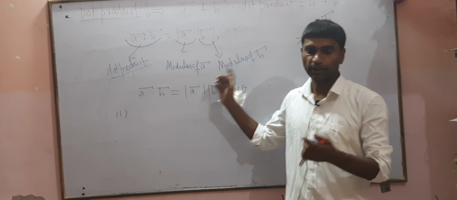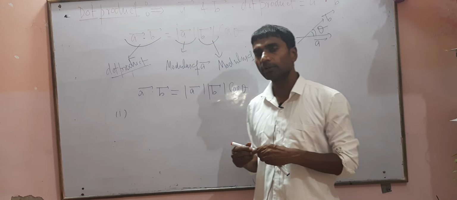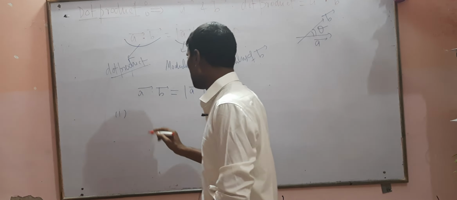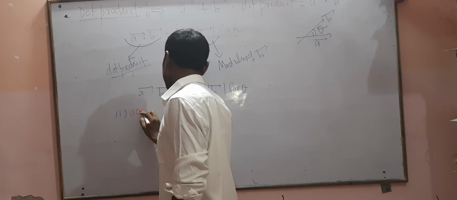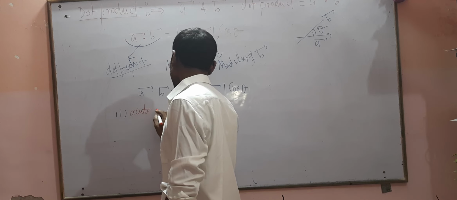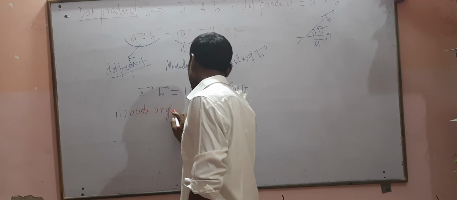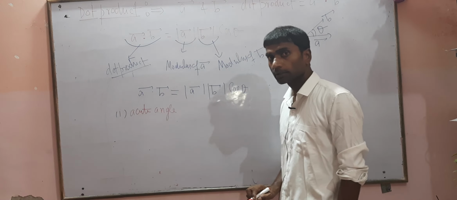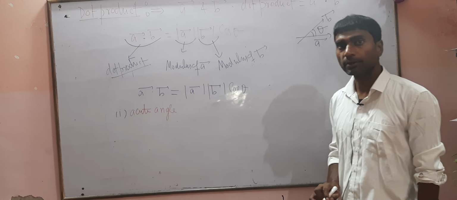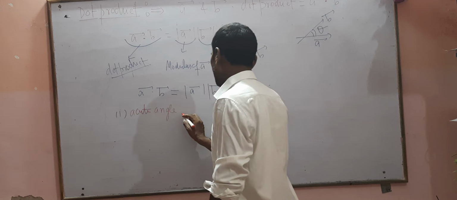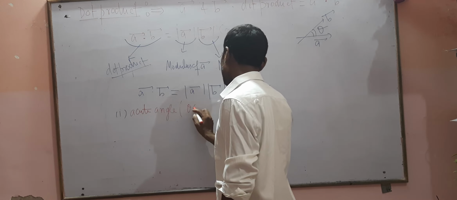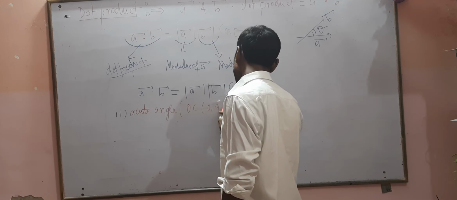If the angle between A and B is acute, then what will be the condition for A dot B? For an acute angle, theta lies between 0 and 90 degrees.